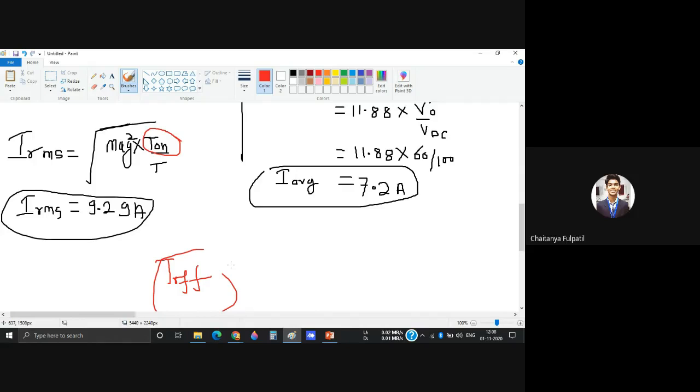So this was all for today. We have not completed the inverters problems. In another class we'll cover some inverters problems. And this many problems will definitely help you score 8 to 10 marks in your GATE.